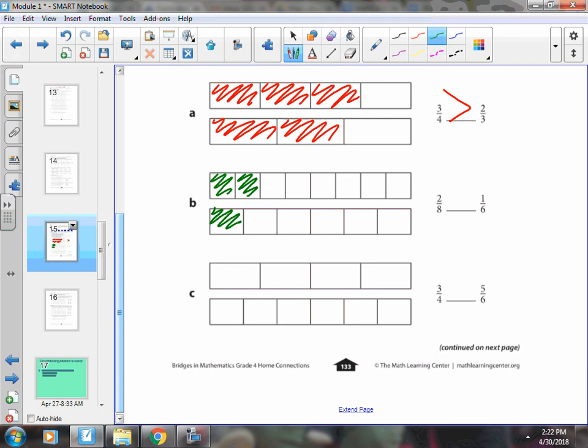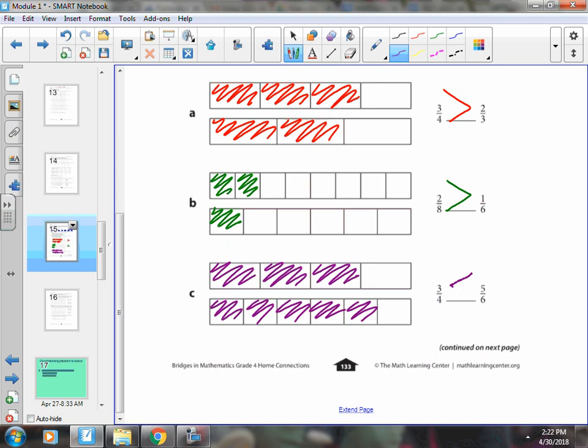And I can tell that 2/8 is greater than 1/6. Then finally, the last one on the page, 3/4. Compare that to 5/6. 3/4 is less than 5/6.